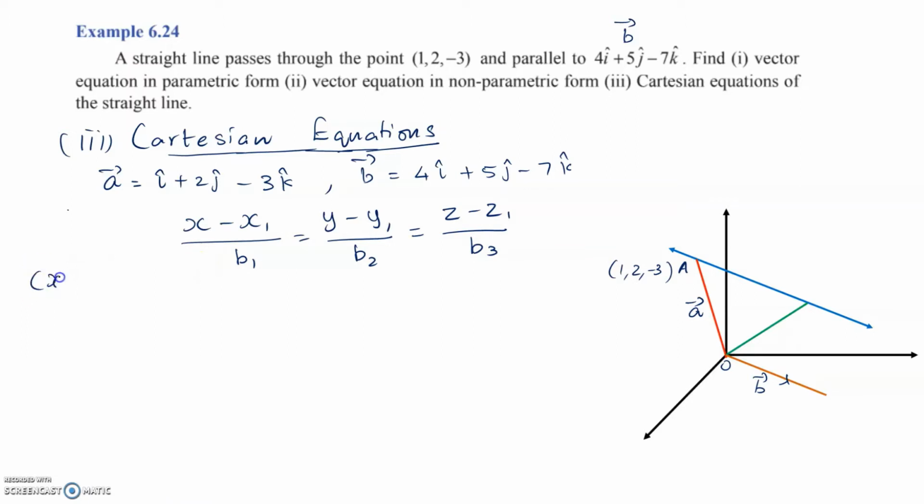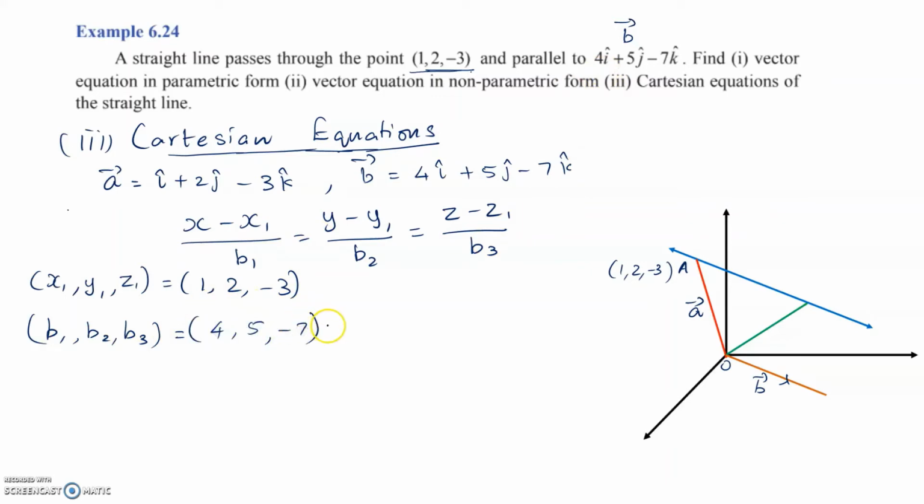So here our x1, y1 and z1 are the coefficients of i cap, j cap and k cap of vector A. So that would be 1, 2 and minus 3, which is the coordinate of point A. And you can define b1, b2, b3 as 4, 5, minus 7.